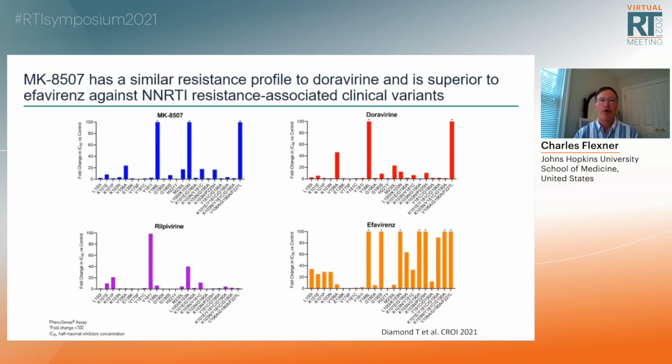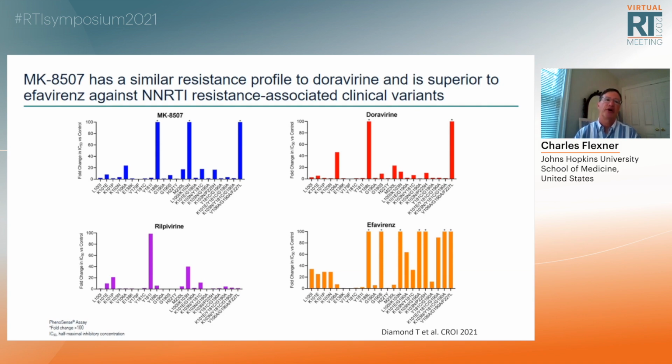Now, as I said before, MK-8507 has a similar resistance profile to doravirine, and in fact is superior to efavirenz against NNRTI resistance-associated clinical variants.